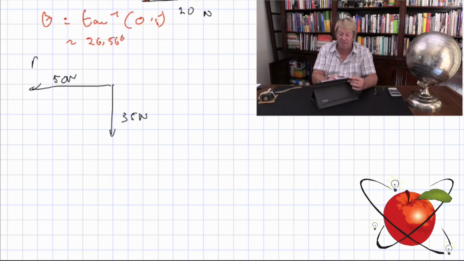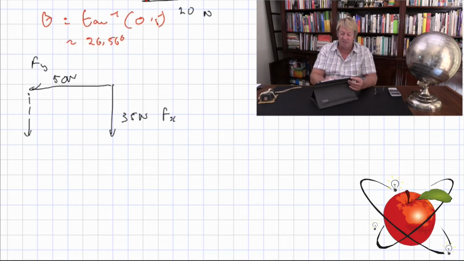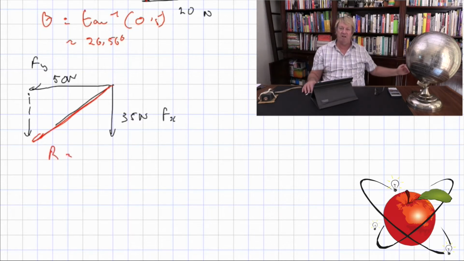This is the force in the y, this is the force in the x. It's down and it's to the left. So once again we put them nose to tail, and then we change it to red just to keep it consistent over here. What have we got? We've got our resultant acting that way, which means this body is going to be pulled down.